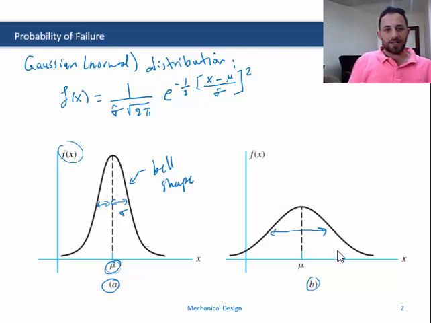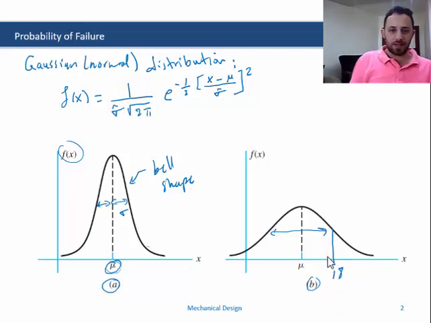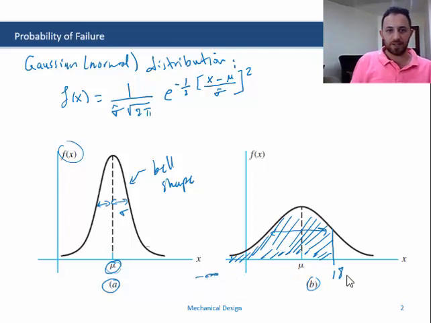Now, if we are asked to find the probability, for instance, let's take an example, for x less than, let's say 18, then it is the area under this part of the curve. It's from minus infinity till 18.